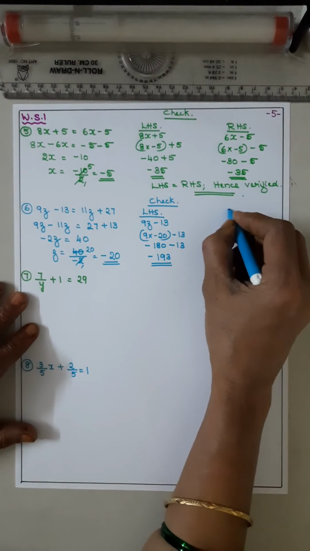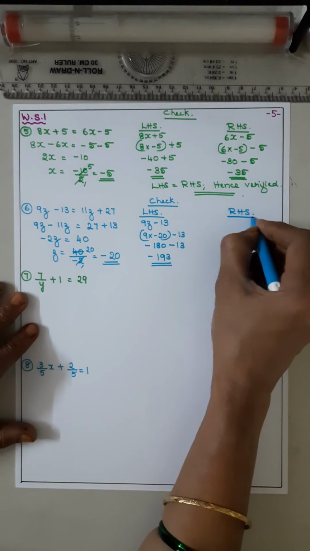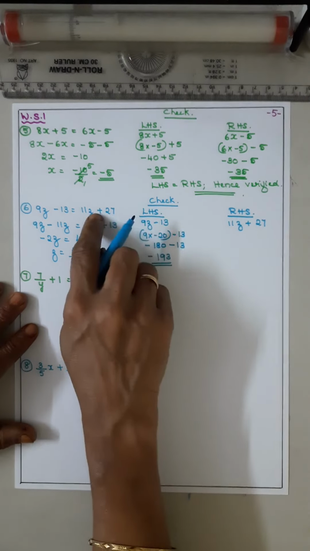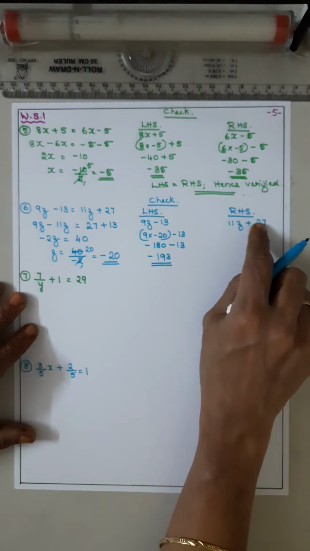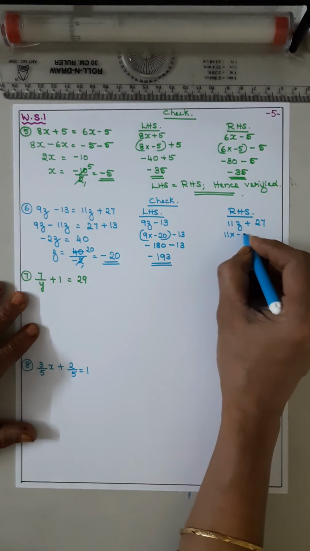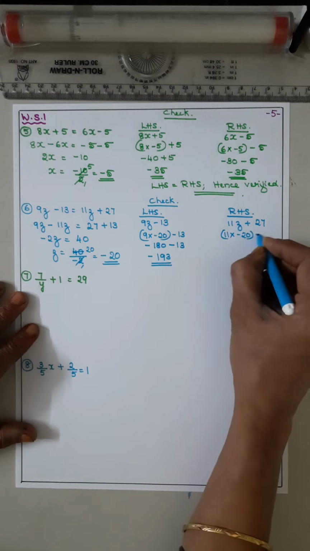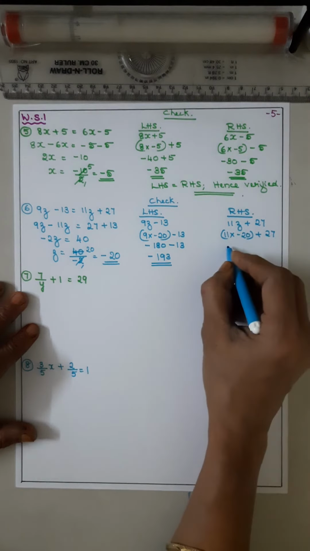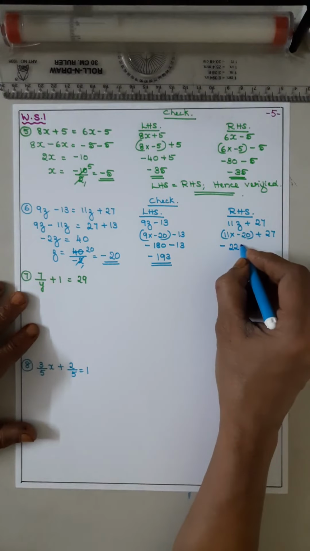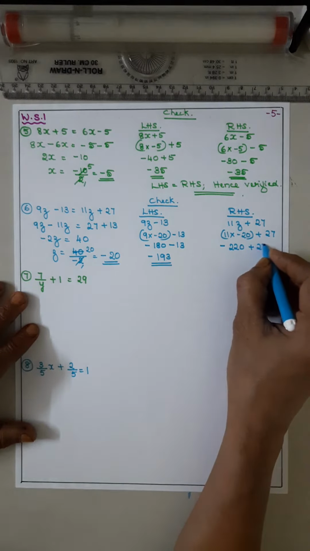Now coming to RHS. 11z plus 27. Write this one here. And now 11 into minus 20 plus 27. Minus 11 2s are 22 and 0 plus 27.